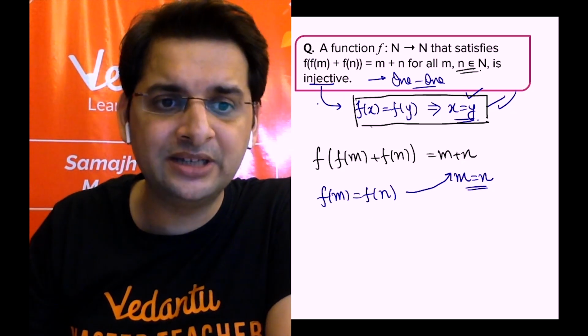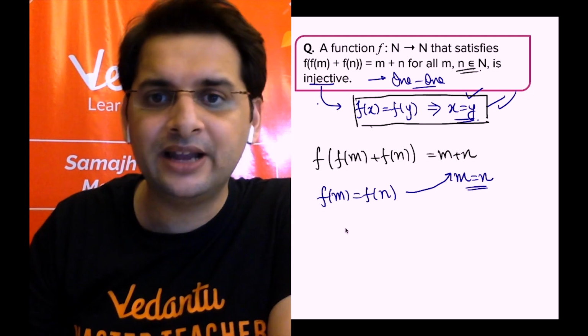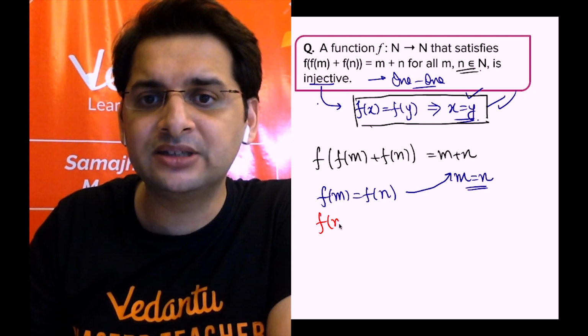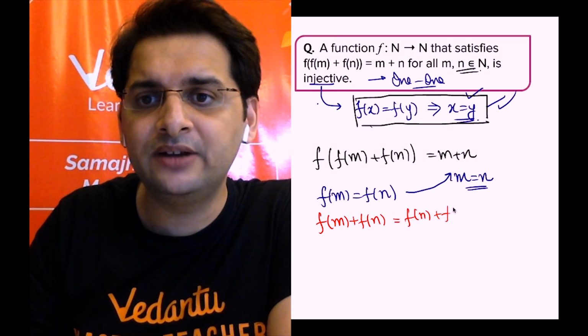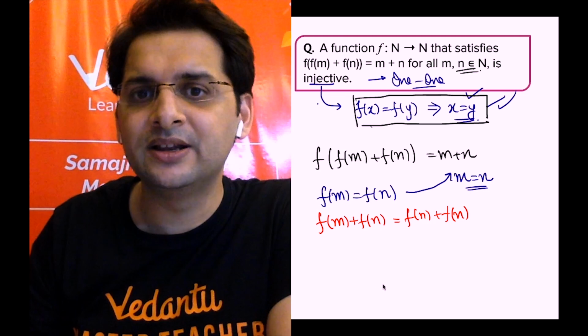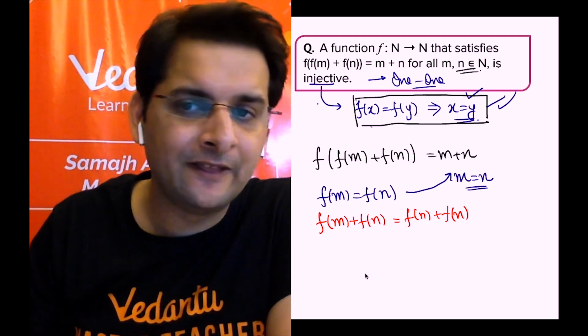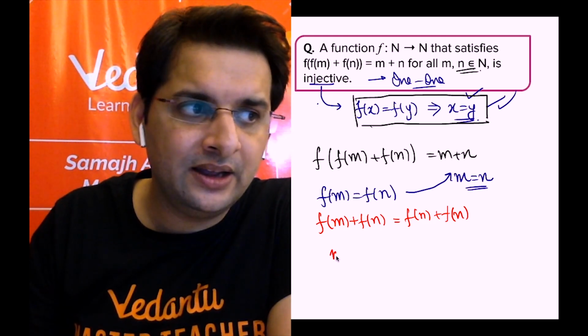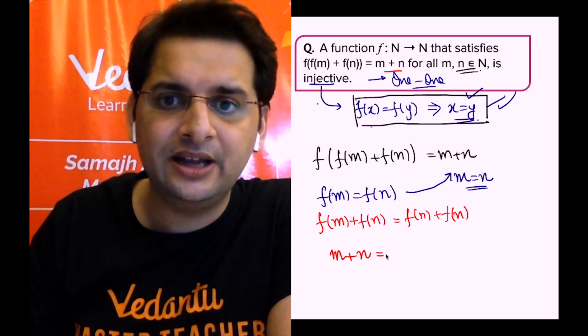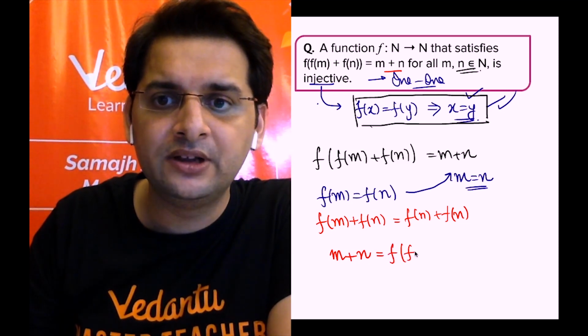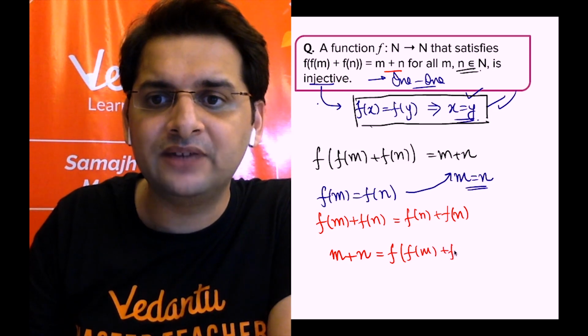Now if f of m is equal to f of n, can I say if I add f of n on both sides, f of m plus f of n is equal to f of n plus f of n. Now m plus n, by using the given condition, is f of m plus f of n.